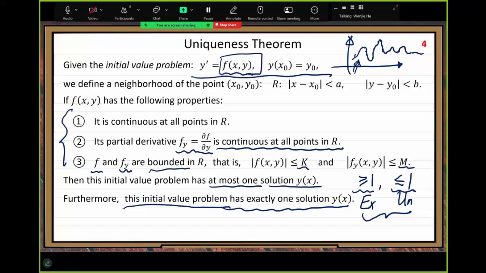This understanding is important, because otherwise you may think that if there is no formula, there is no solution. It's not that. With no formula, we can still have a solution, but a numerical solution.